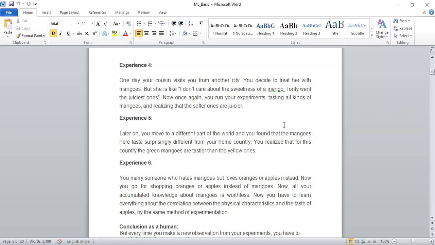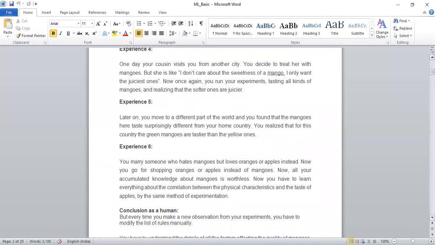So this is the case, and here you have to understand the differences because you have made a clear picture of what an apple looks like, what a mango looks like, and what the taste of an apple or an orange or a mango is.